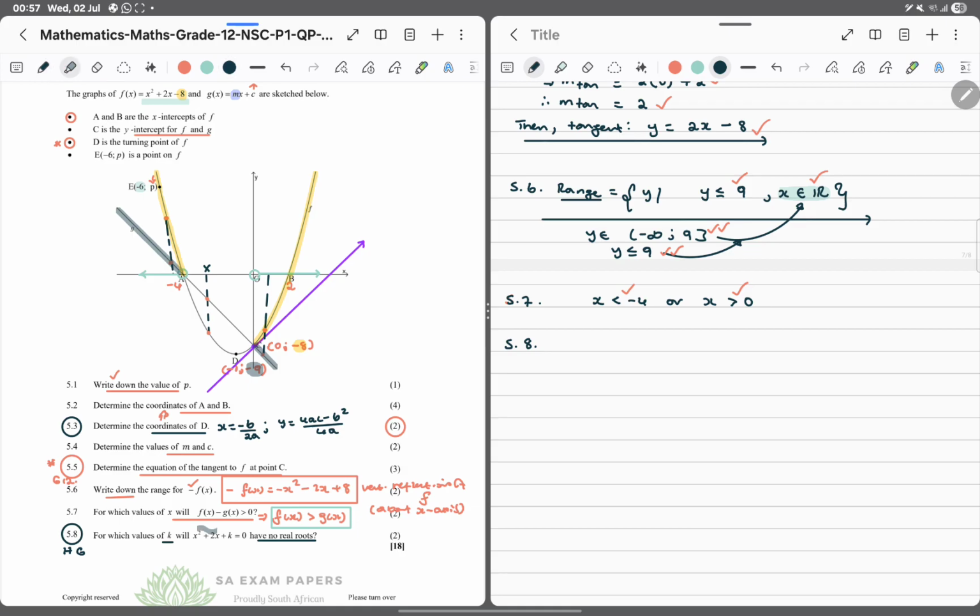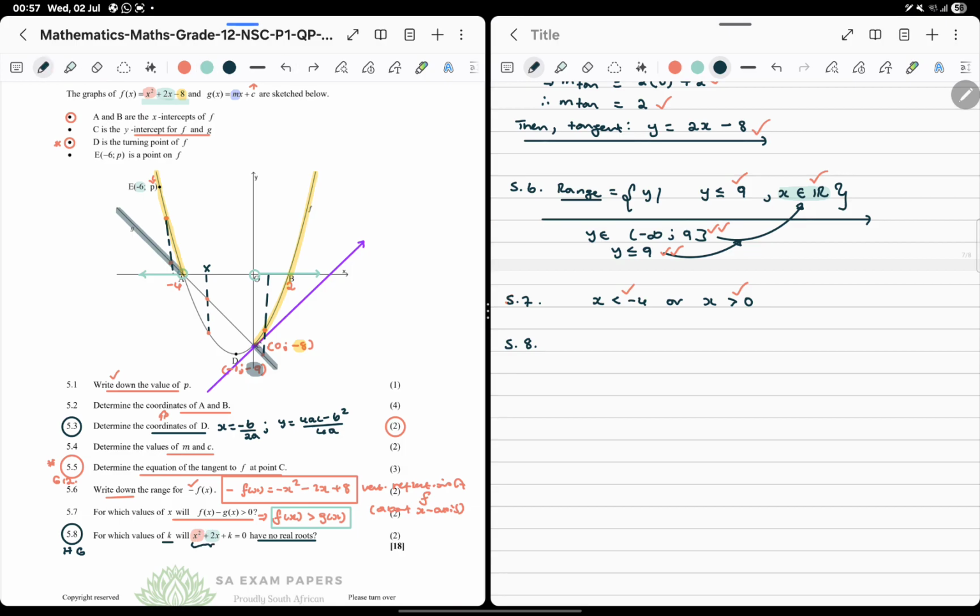So what is going on here? So we'll notice that in this situation, we do have x squared as we have x squared here. Then we've got 2x as we have 2x over there. But the minus 8 is missing. So this is the only part of the graph that we have.